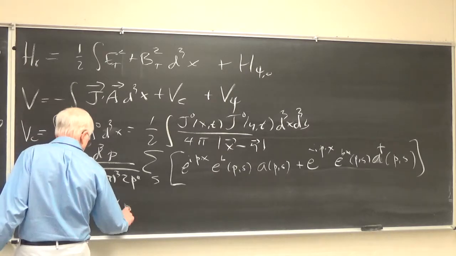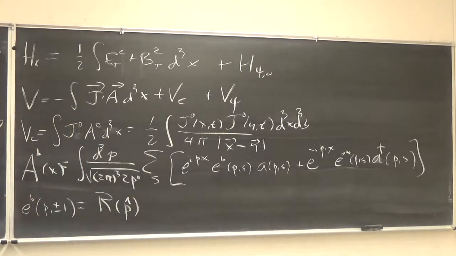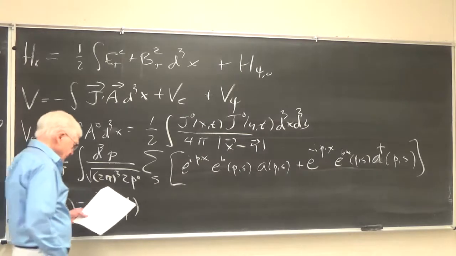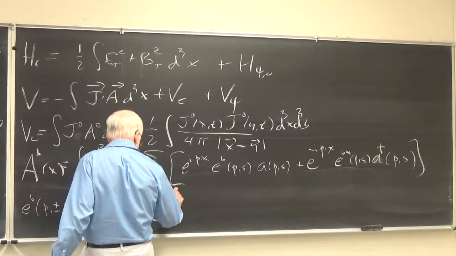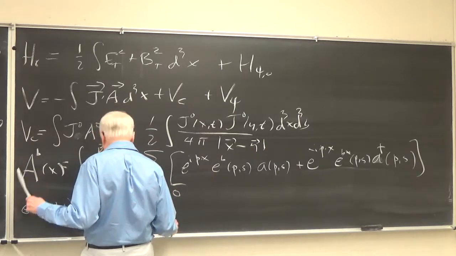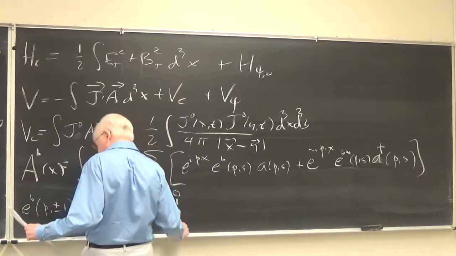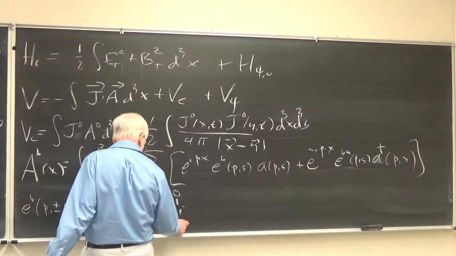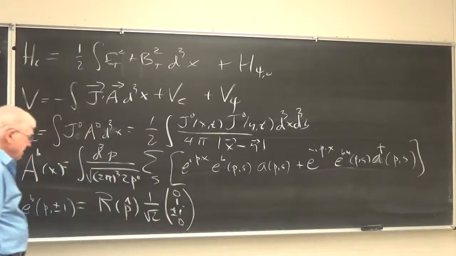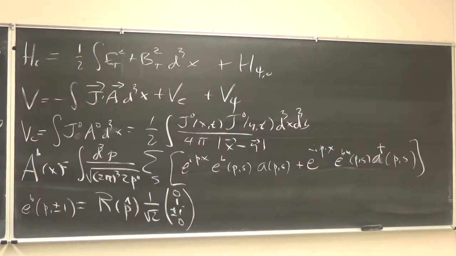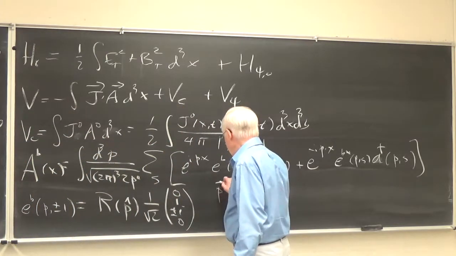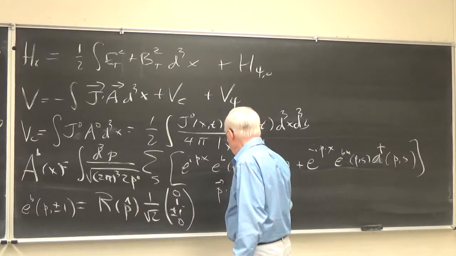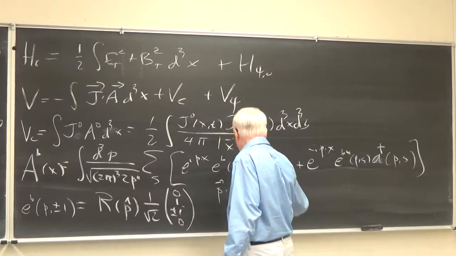These vectors e_b are ones that we've kind of seen before. There's a rotation operator that takes you from the z direction to the p direction, and they act on 1 over root 2 times (1, plus or minus i, 0) in the 3 direction. So these are transverse in the sense that always it will be true that p vector dot e of p and s will be 0.